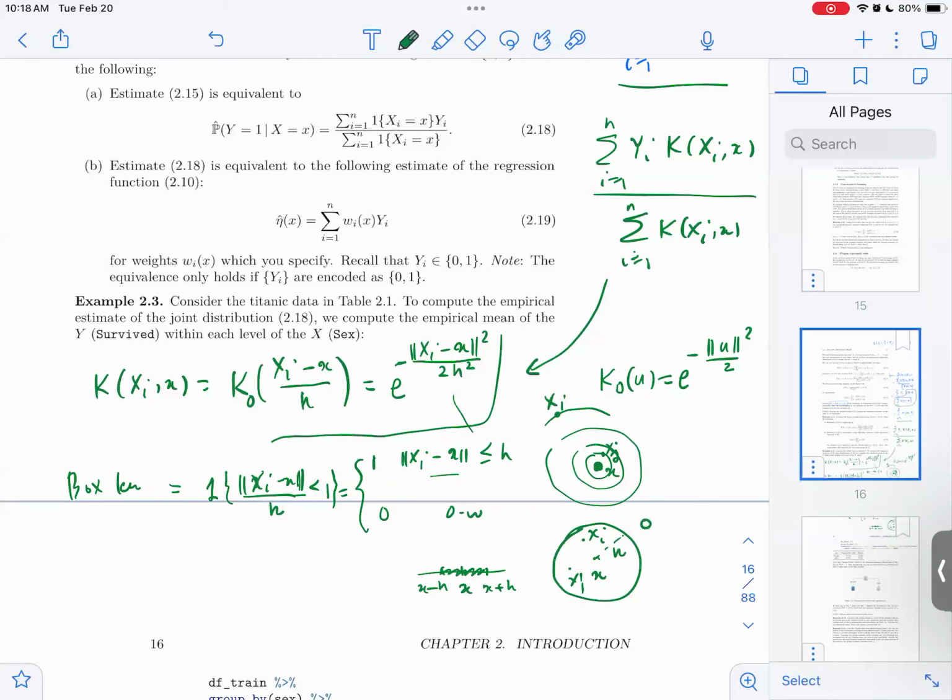You look at the training data, sort the xi according to the distance to x, and the data points within the K nearest get weight 1, the rest get weight 0. So the denominator is always K, and the top is a sum of K terms. You're averaging over K of the Y variables.